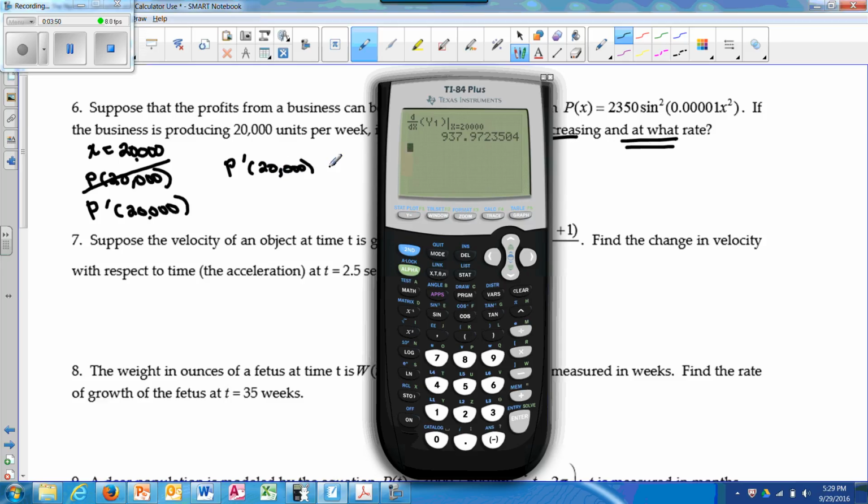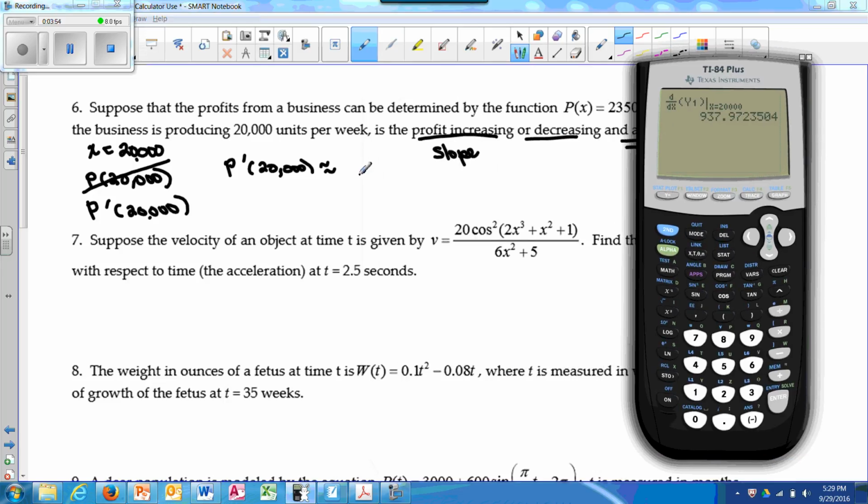So my derivative, P prime at 20,000 is approximately, now for the AP exam, you are always going to do 3 decimal places of precision, unless the problem tells you to do something otherwise. 3 decimal places of precision.